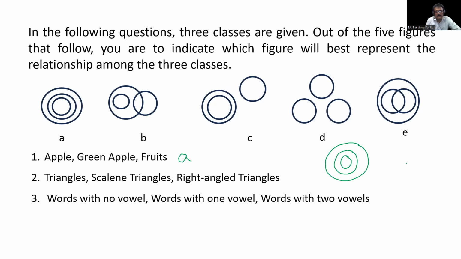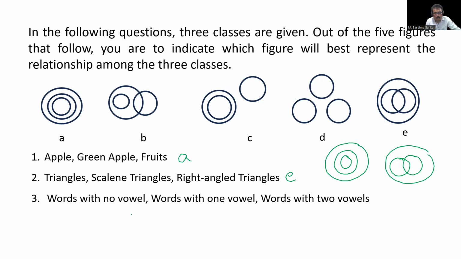See, if you observe scalene triangles and right angle triangles, what is the relation between them? Some scalene triangles are right angle triangles, right? So there is an intersection between them, but all are triangles or not. So what is the answer? Option E is the correct answer.